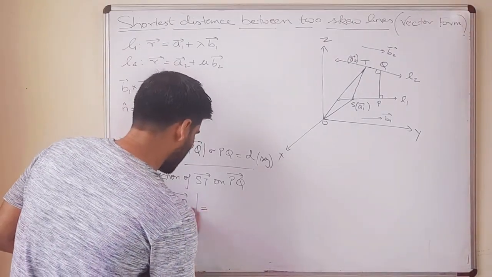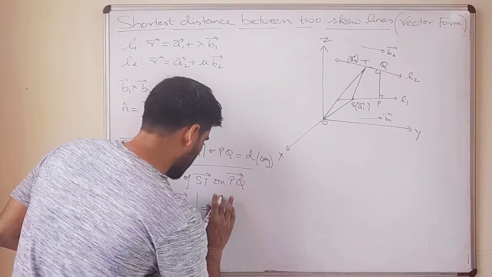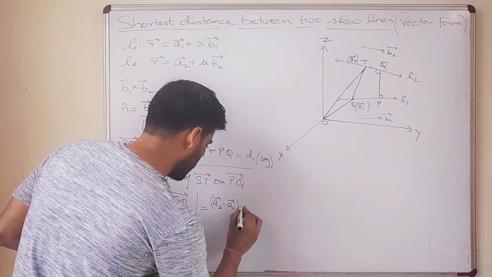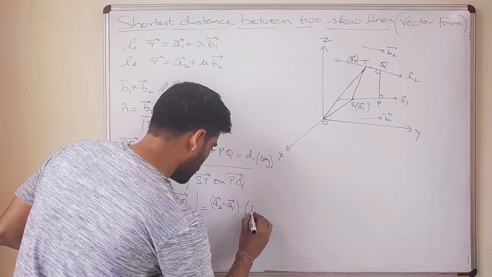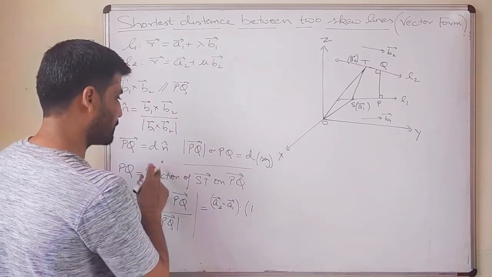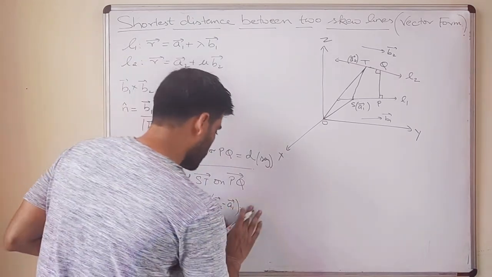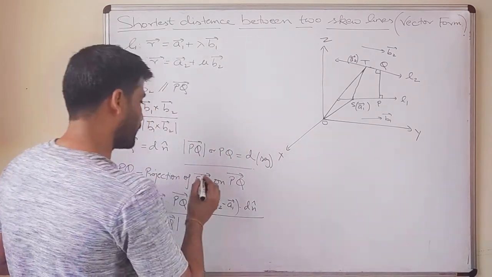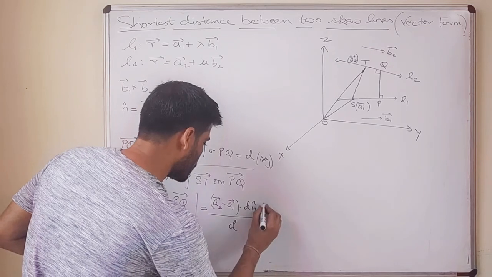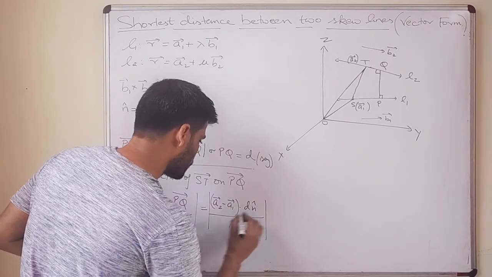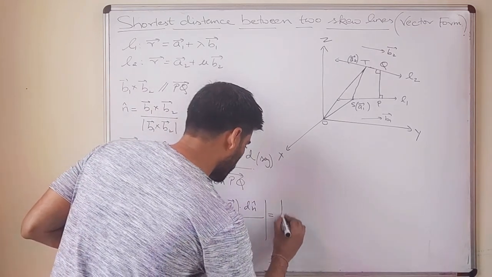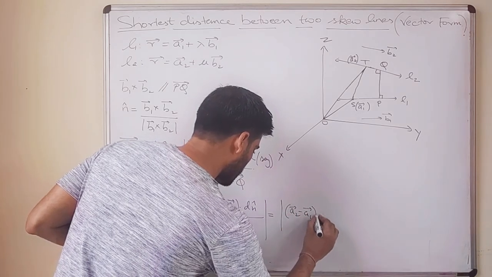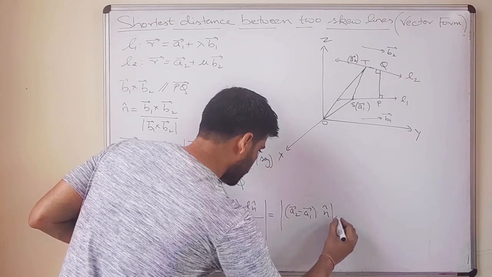Now, what is ST vector? That is A2 vector minus A1 vector, dotted with PQ vector, which is d n cap. And obviously the magnitude of PQ is d. So you can say that it is equal to A2 vector minus A1 vector dot n cap.